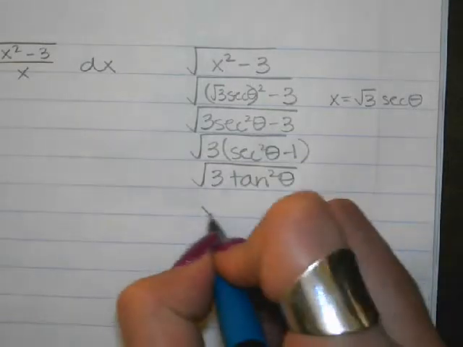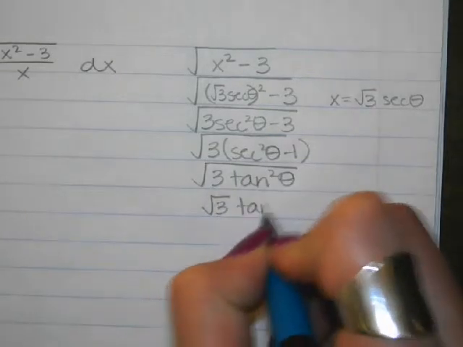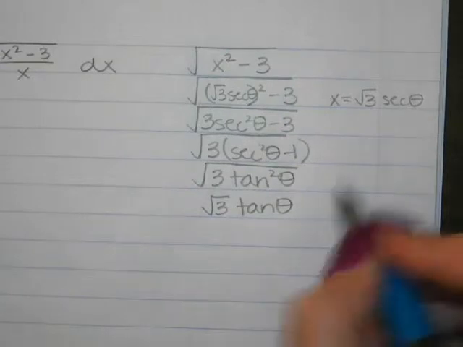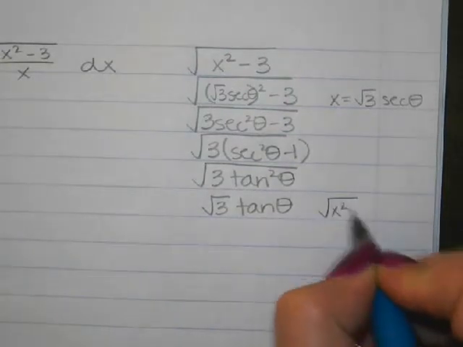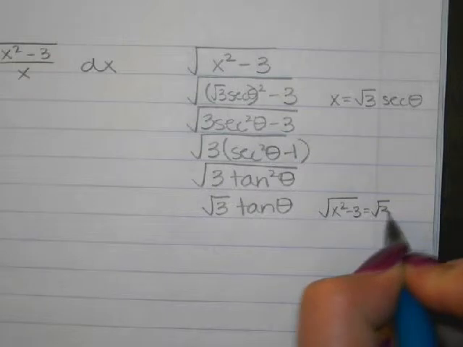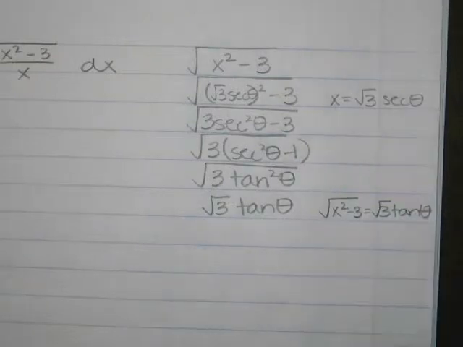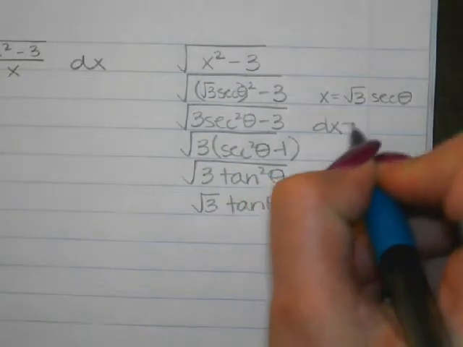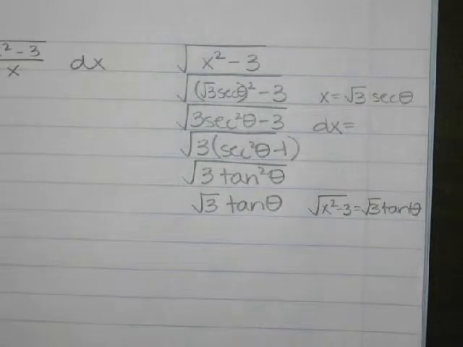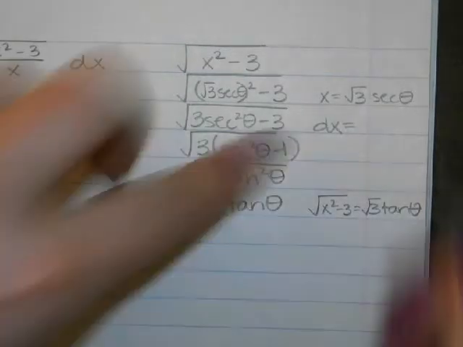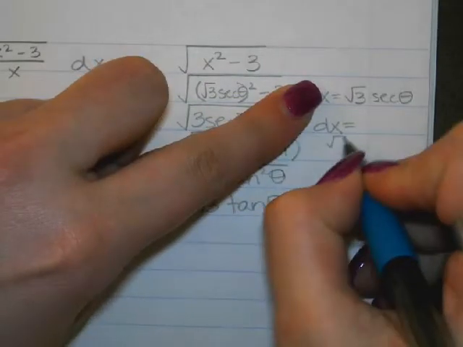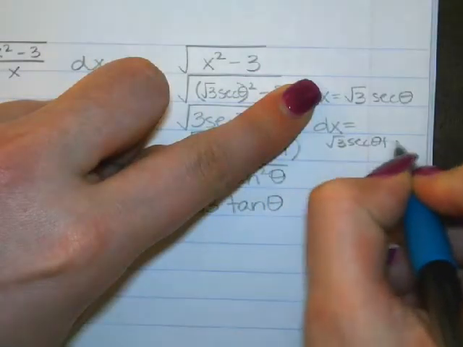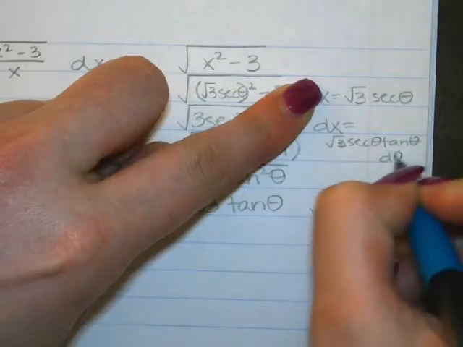And so we have root 3 tan. So our other substitution is that the square root of x squared minus 3 equals root 3 tan theta. Okay. And then we have to know what dx is. Yeah, secant tan. So we've got root 3 secant theta tan theta d theta.